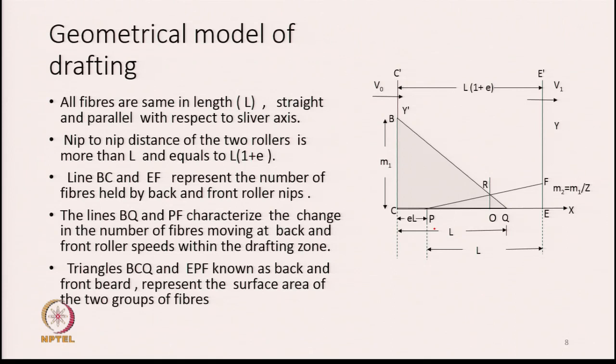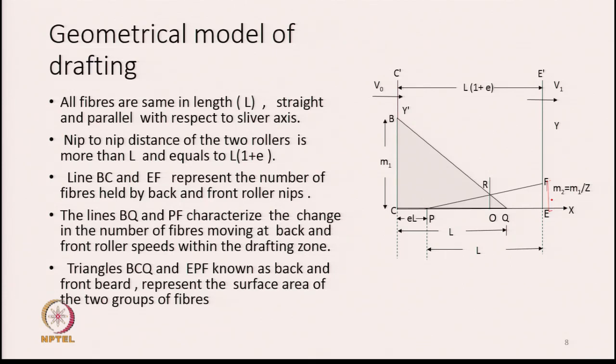So, the fibers which are held in the back nip, their number is represented by the line BC, which is let us say M1, and the number of fibers held by the front roller nip is represented by the line EF, which is M2, which is M1 by Z, where Z is the draft. And the diagrams are shown here. These two lines BQ and PF are crossing each other at the point R.